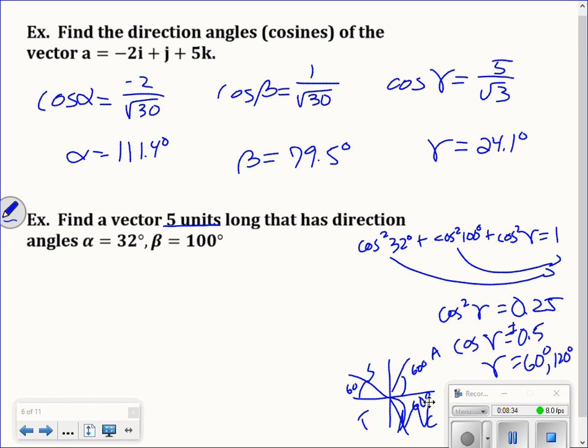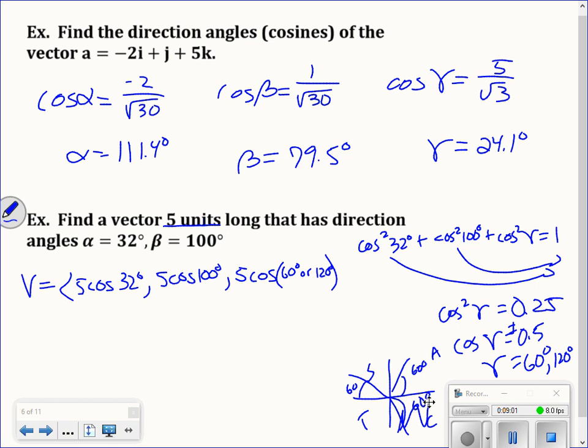All right, so here we go. If I want to find my vector, I will call it vector v. I got 5 cosine of 32 degrees, 5 cosine of 100 degrees, and 5 cosine of either 60 degrees or 120 degrees.